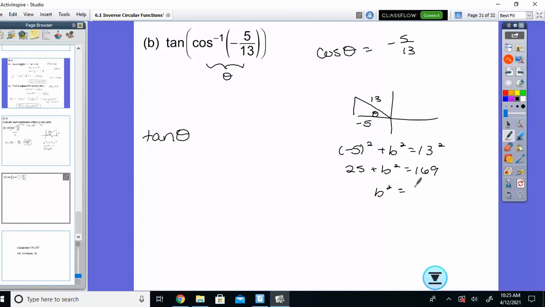So b squared is 144. Square root, we would do plus or minus, but in the second quadrant that y would be a positive, and that's a 12. So tangent of theta, opposite over adjacent, is negative 12. Any questions there?